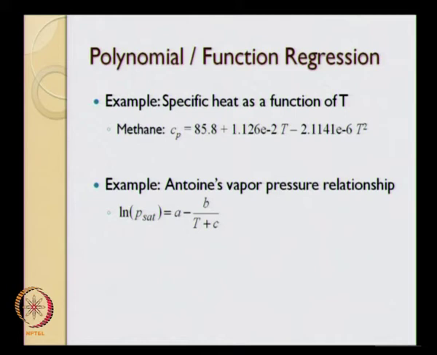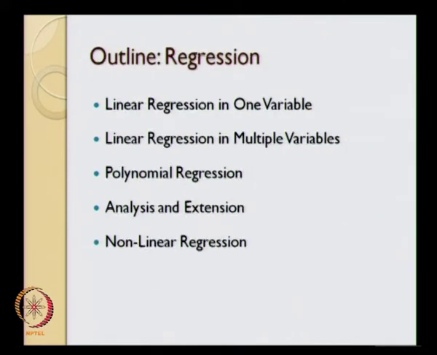We will look into that as well, how to do nonlinear regression or functional regression or polynomial regression in this module. Okay, so to recap the overall methods that we are going to use in this course: first we will talk about linear regression in one variable. After that we will go on to linear regression in multivariables, also known as multilinear regression, followed by polynomial regression.